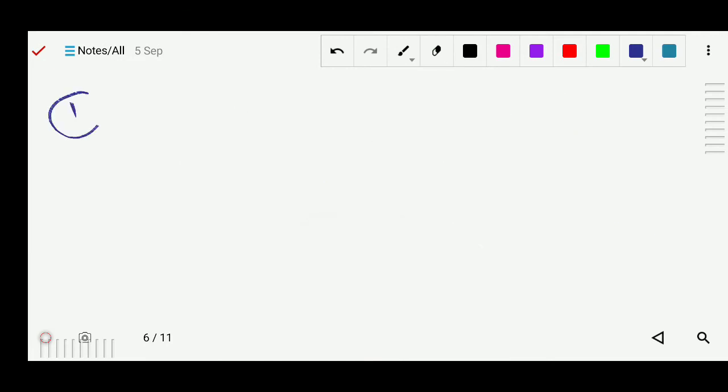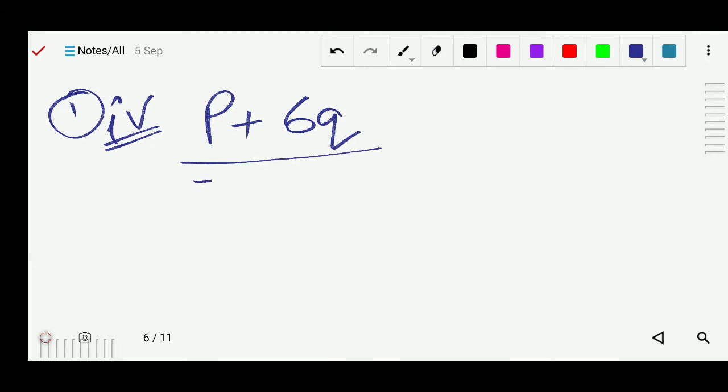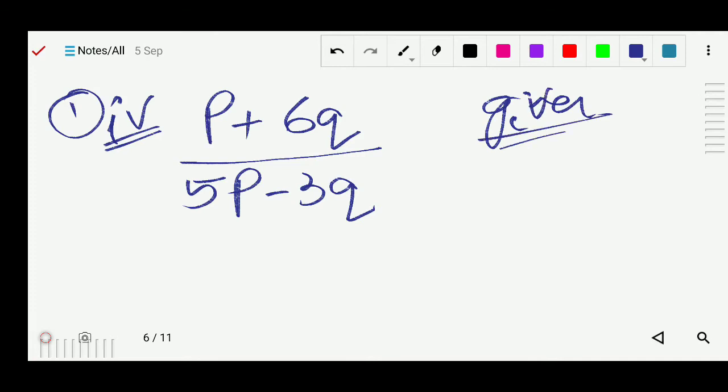So question number 4. So p plus 6q divided by 5p minus 3q, and here it is given that p equals 6 and q equals 2.